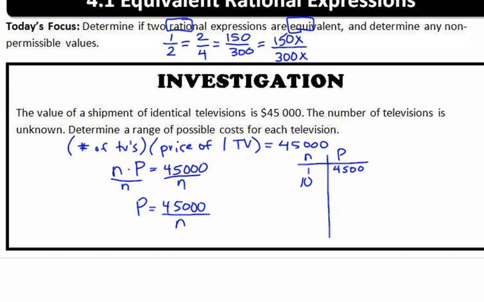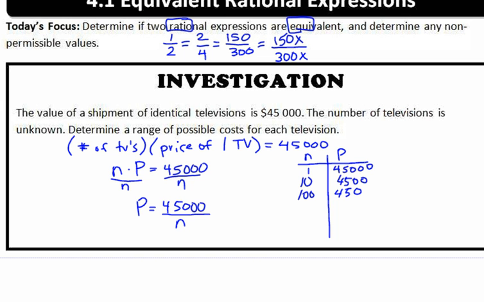How would you get the price of each TV? 45,000 divided by 10, which gives you 4,500. What's another possibility? 45. Yeah, chances are that's not realistic. What if there's 100 TVs? 450, is that a little bit more realistic?